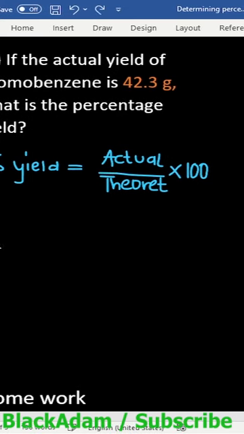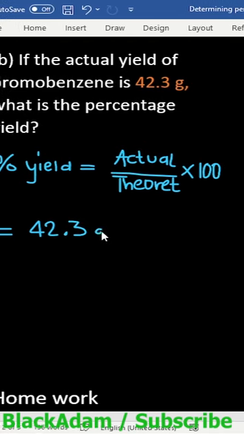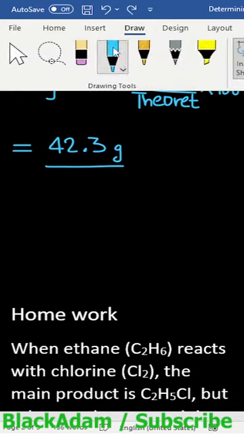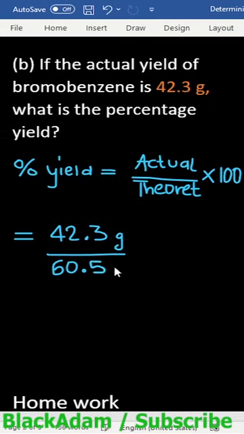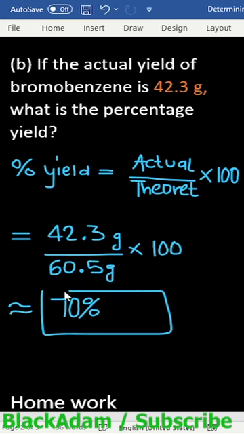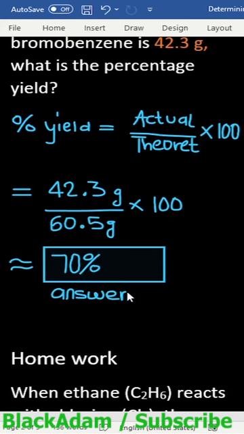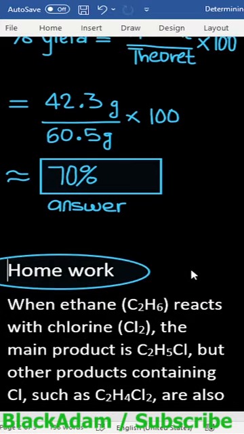The actual yield is 42.38 gram, which is the one we were given in part B, over 60.5. That is equivalent to 70%. So we get 70% of what we're supposed to get. We're getting less, so the reaction is not a perfect one.